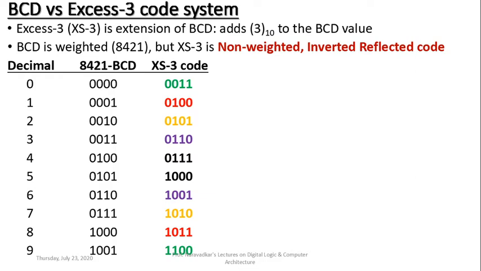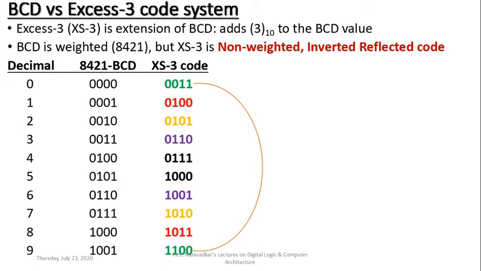Within that XS3 code we are getting the reflection, but within that reflected code I am getting the inverted reflection. So between the representation of 4 and 5 in XS3, if I put a mirror, then you will find an inverted reflection. That's why XS3 code is called an inverted reflected code.